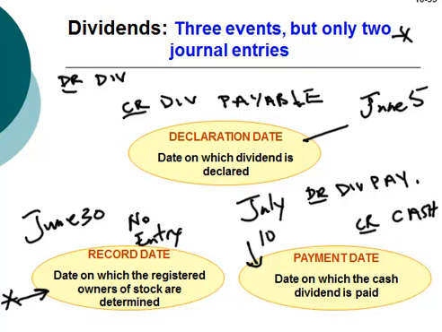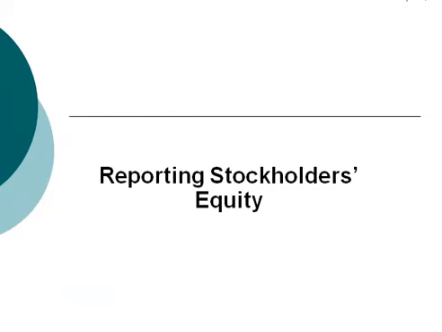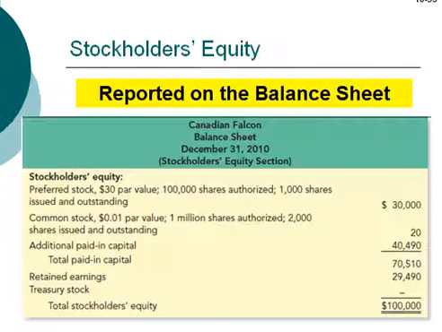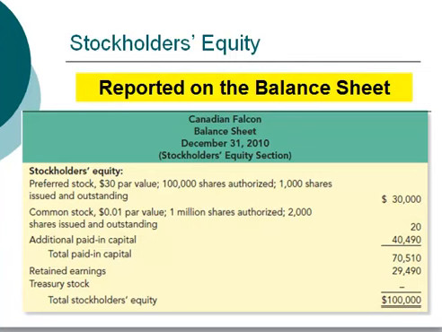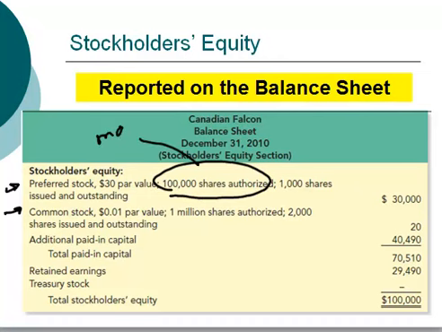So we've discussed common stock, preferred stock, and our earned capital, retained earnings. These amounts will be reported on the balance sheet in our stockholders' equity section. Notice we have both common and preferred. The terms we discussed earlier. Our authorized shares is the maximum number that can be issued.